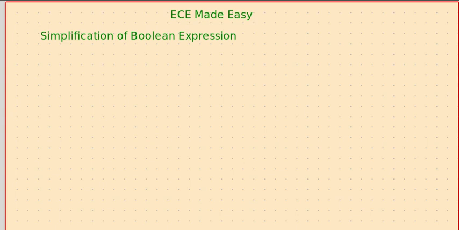Yeah, in the previous session we had seen that the simpler problems were easily solved, but in the second case we had a much bigger boolean expression, and if you try to implement it as it is, then definitely it was a bit complicated.